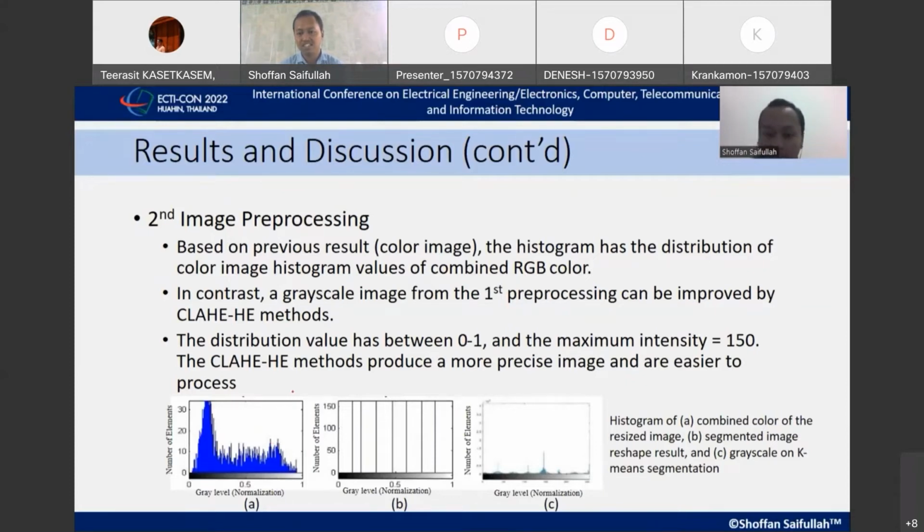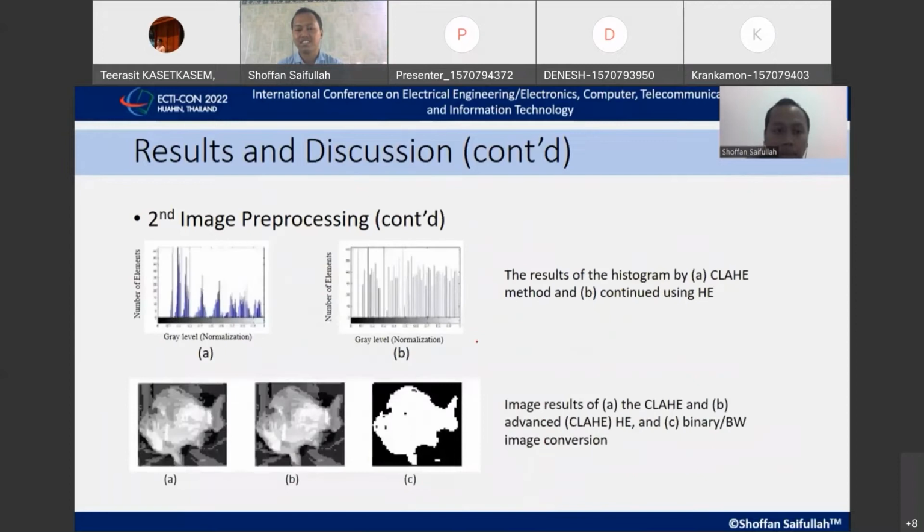This is the result of the histogram of the combined color in a resized image, and then the segmented image result, which we can make clear in a histogram. And the last is the grayscale K-means segmentation that we have processed here. This is the result of the histogram of GLHA, and this is the combination of GLSA.